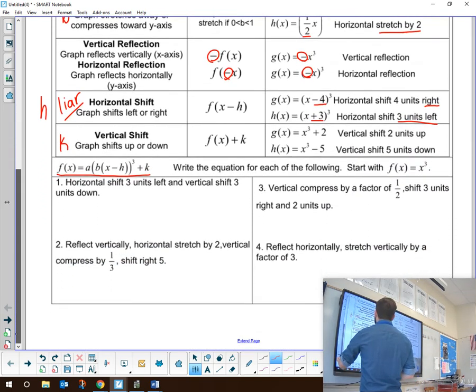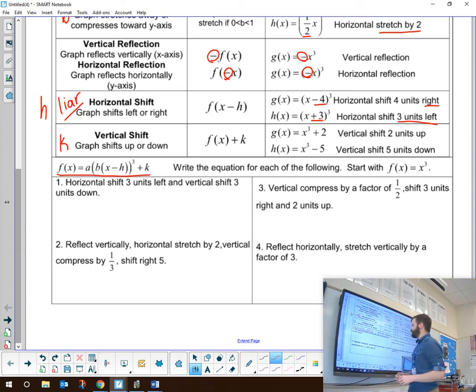Number 1, if I have a horizontal shift, 3 units left. So that means my H is going to equal -3. Going to the left, that's my H, -3. Vertical shift, 3 units down. That's my K. We're going to have a K of -3 too. So my equation is going to look like this.